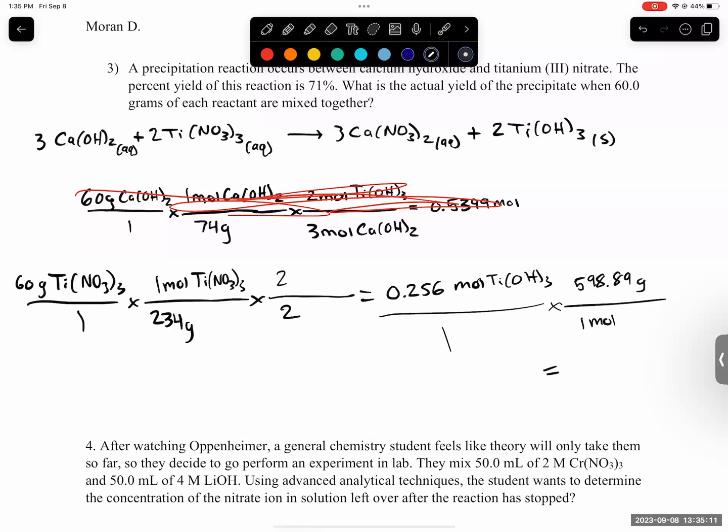That's going to give us how many grams of product? Not 590. Oh, 98. I didn't know titanium had a molar mass that big, but okay. So 98.89. What does this give us?